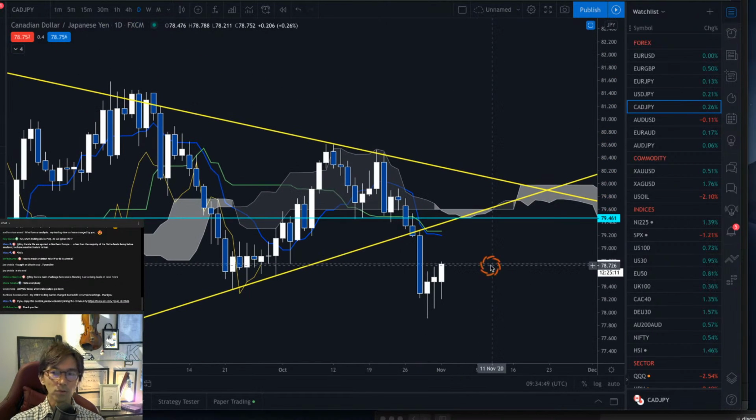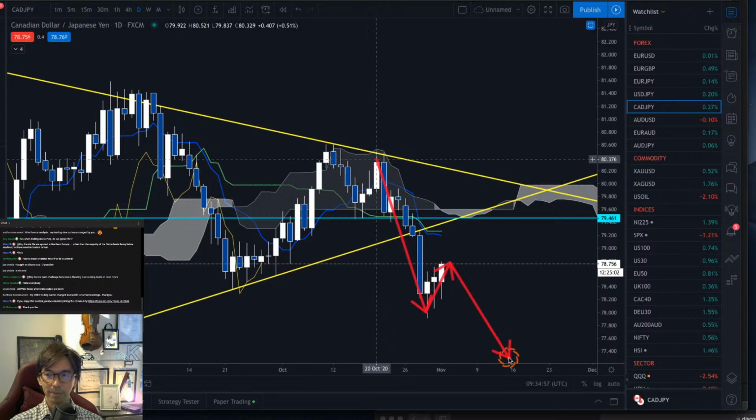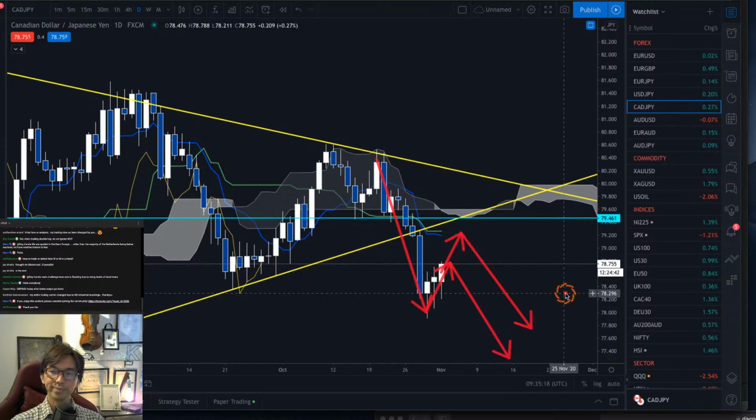Although we see some retracements, my view is still downtrend, so I still expect the market to go down this way, but it might retrace back to the Kijun Sen. In this case, we don't see any double bottom, so the chance for the price to come back to Kijun Sen might be relatively lower, but it might come back to Kijun Sen and go down this way too.